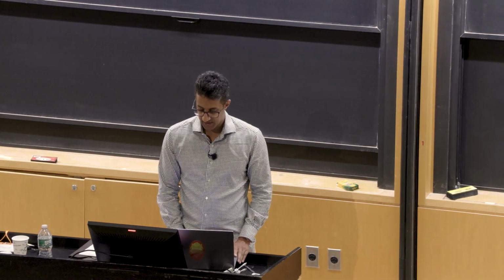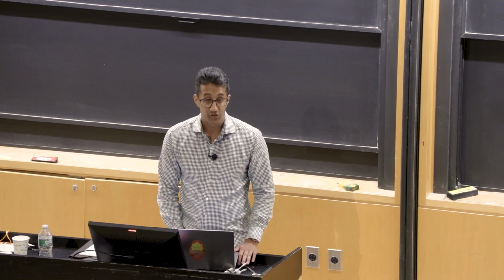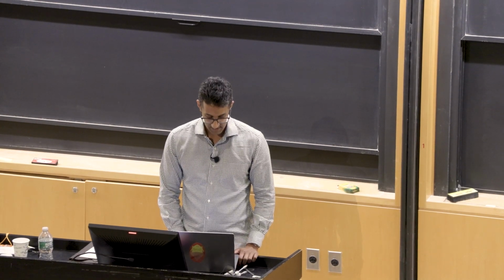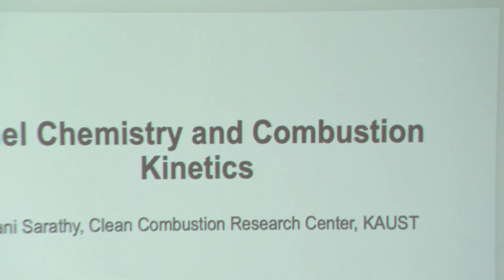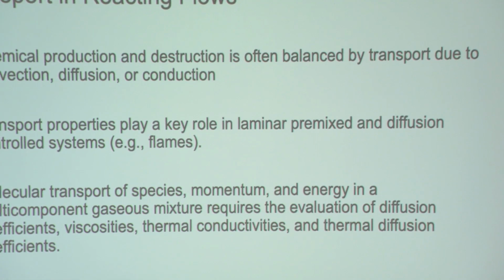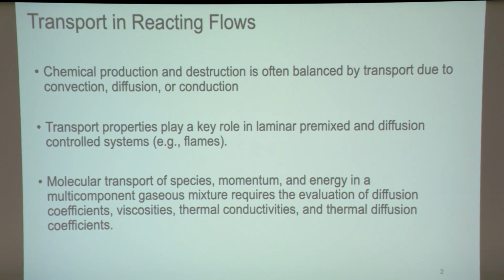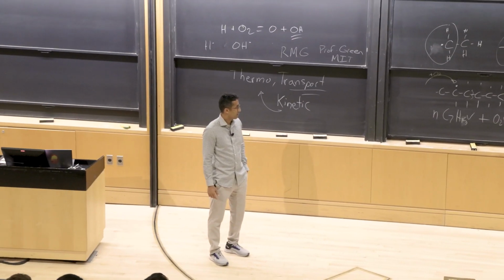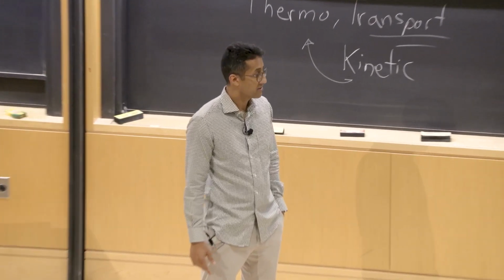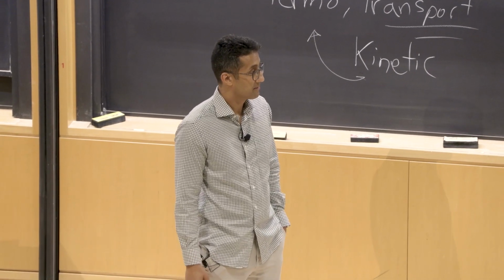Okay. Now let's move to transport. Okay. So thermal is important for, I said, the kinetics to get the kinetic data for the reverse reaction, important for the exothermicity or endothermicity of your reactions, the temperature of the system.